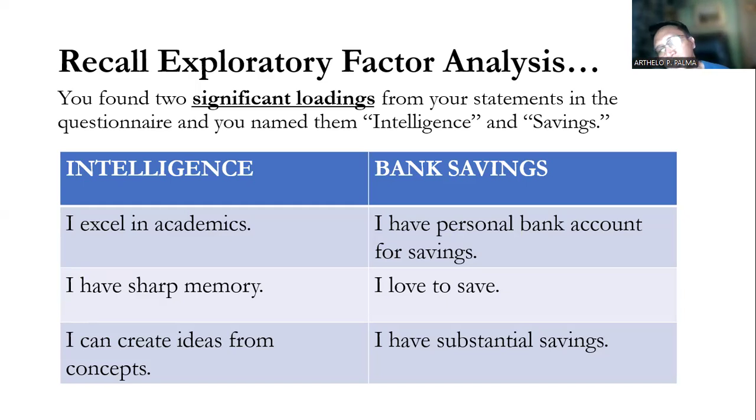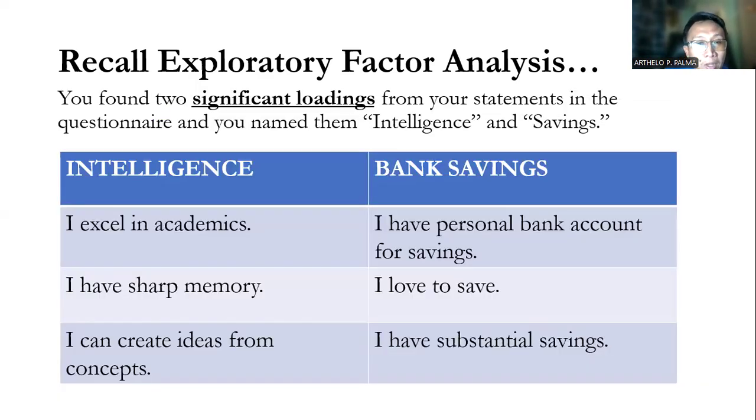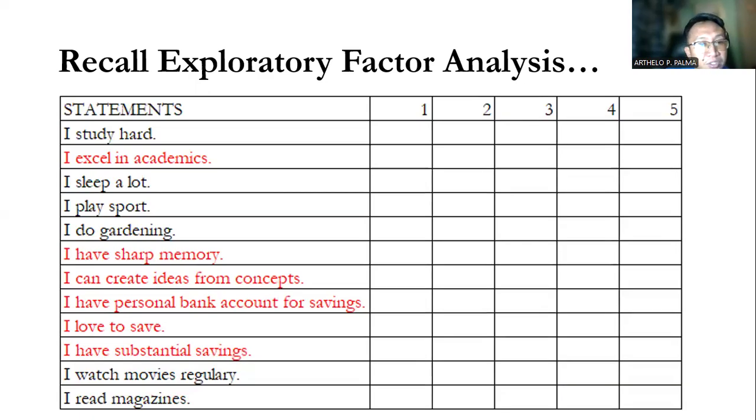And the three statements here, I have a personal bank account for savings, I love to save, and I have substantial savings, are statements that you can connect, or that are associated with bank savings. And the rest of those statements, which are not in red, were not significantly loaded in a specific factor.